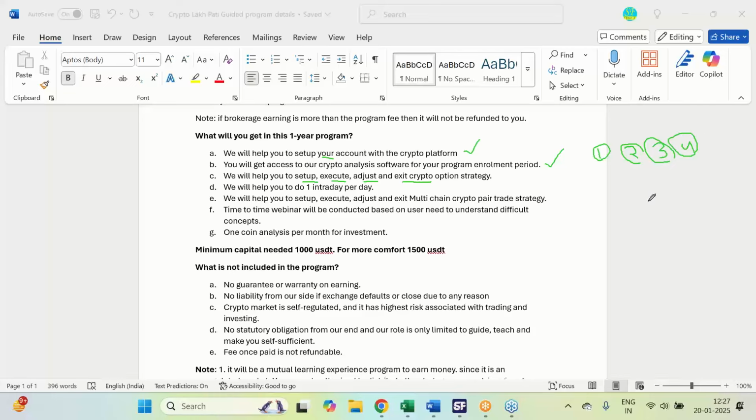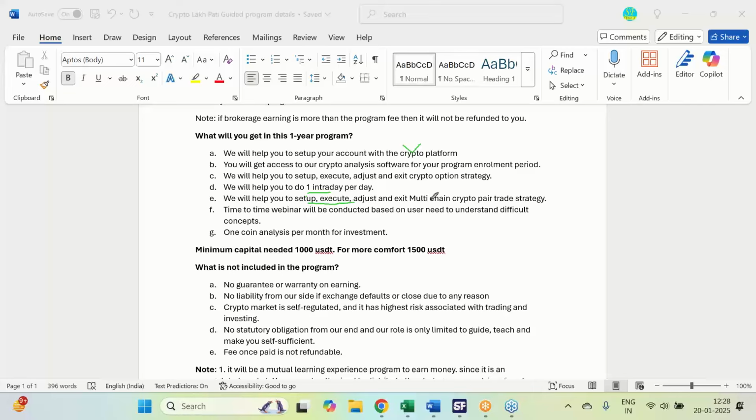We will recommend what adjustments are required, when and how to set up, how to execute, and at the end, how to exit. Once you practice 1 or 2 strategies, you will master the execution part. The software also has intraday and positional analysis, which you can use.